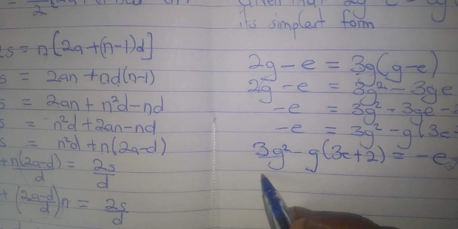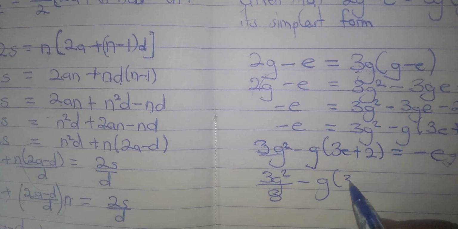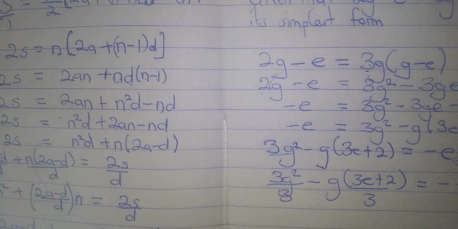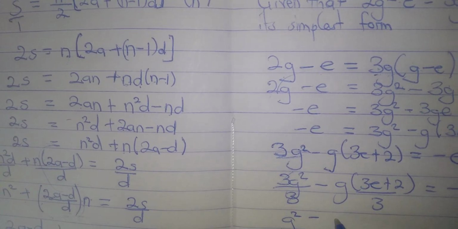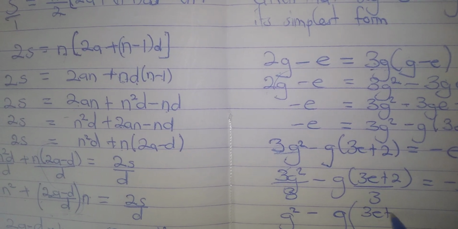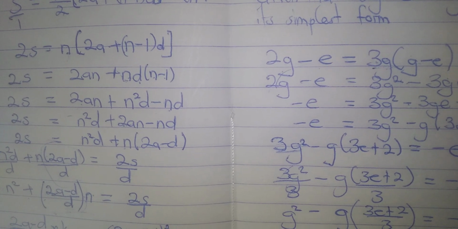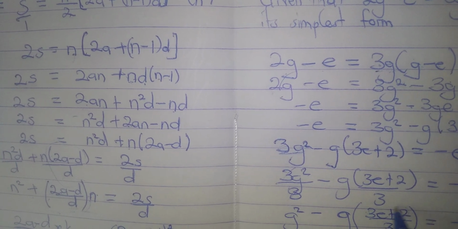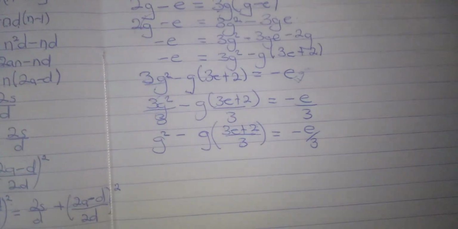So I divide throughout by the 3, this 3e plus 2, divided by 3 equals negative e, divided by 3. 3 goes, remain with g squared minus g into 3e plus 2 over 3 equals negative e over 3. Don't make a mistake to cross this out, because it only applies if it can be reduced. If there's also another 3, then it would just be cancelled out.